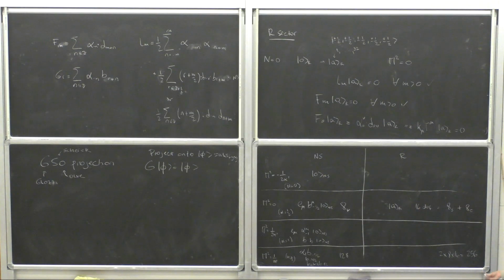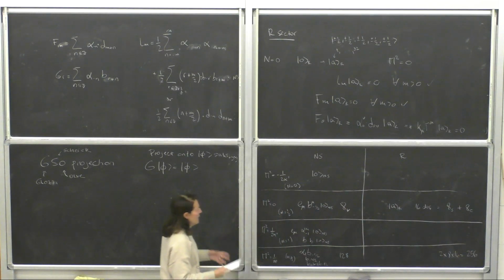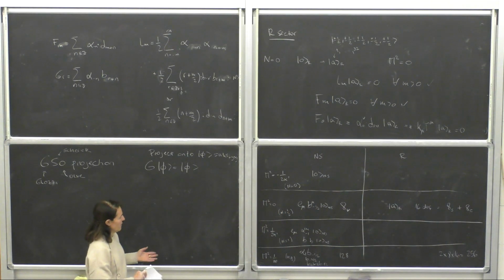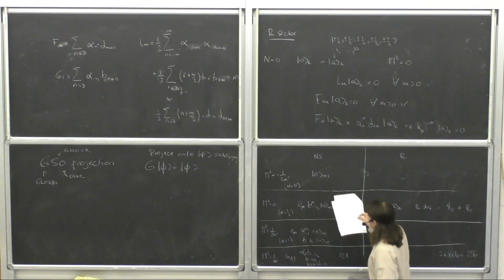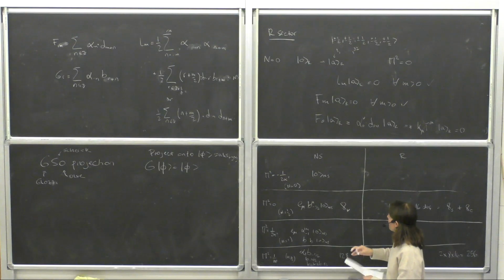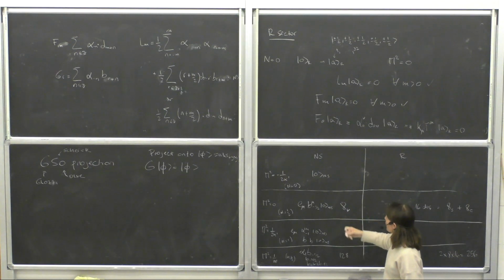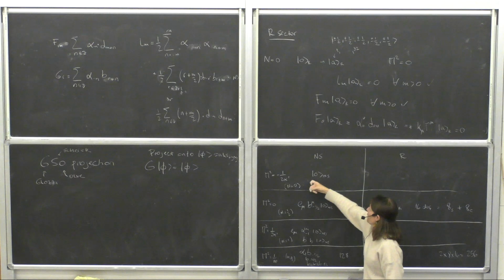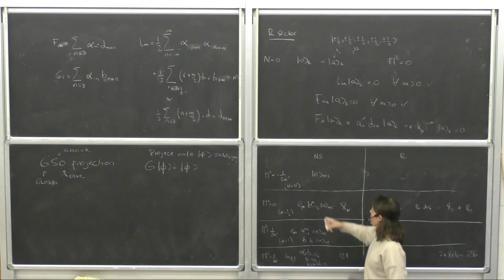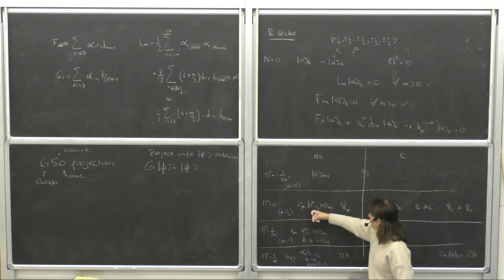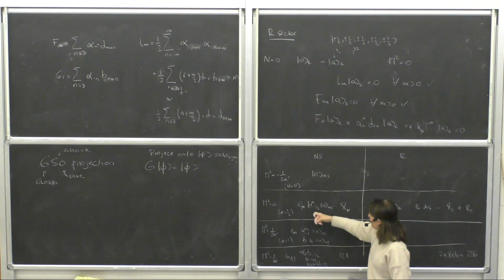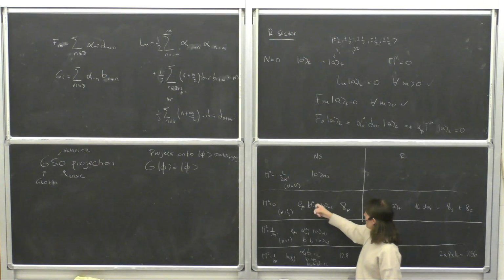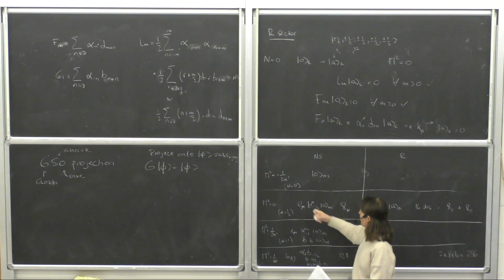Or if I look at it from the point of view of worldsheet fermions and bosons, this doesn't have any excitation, so this is a worldsheet boson. This here has a worldsheet fermion excitation, so from the point of view of the worldsheet, this is a worldsheet fermion.